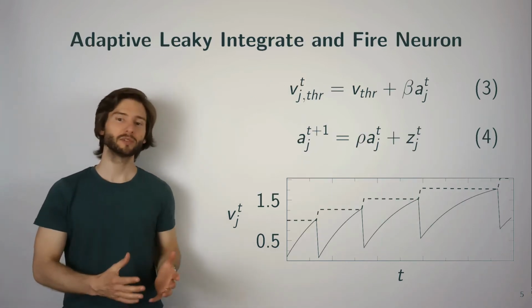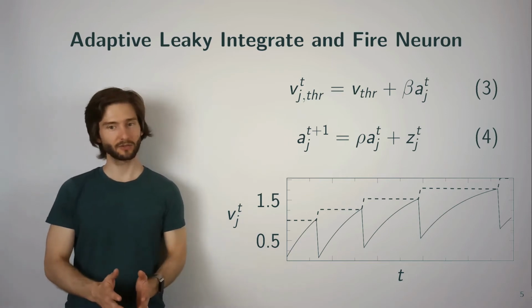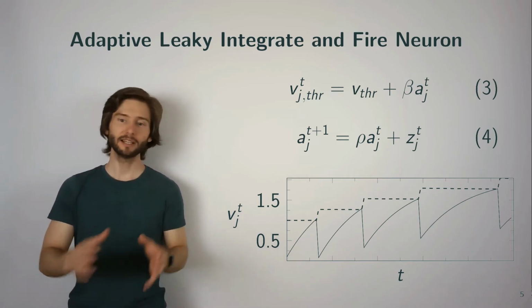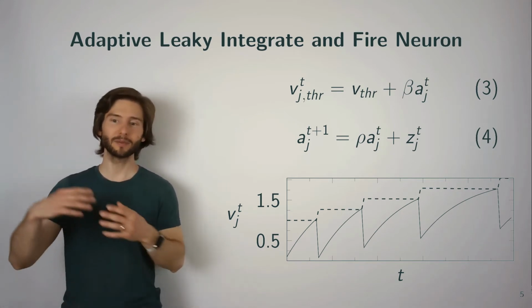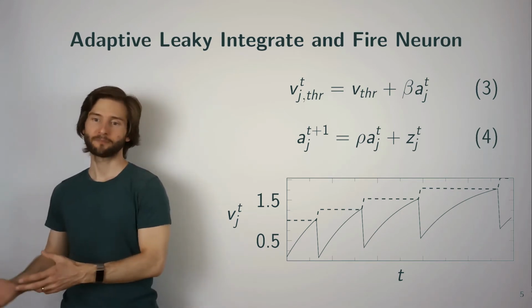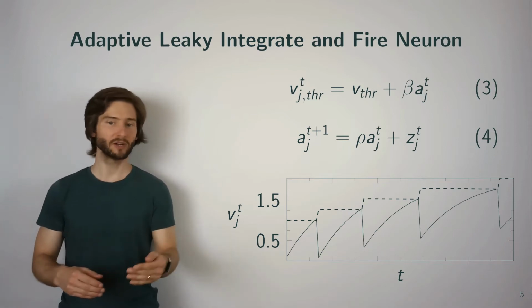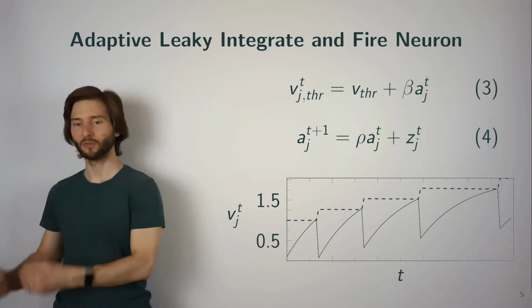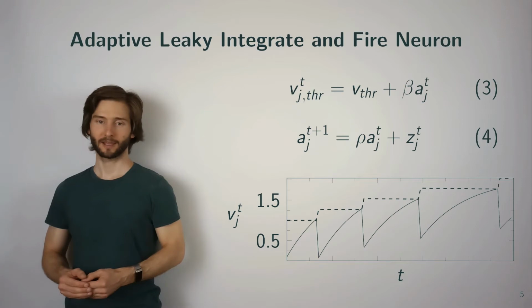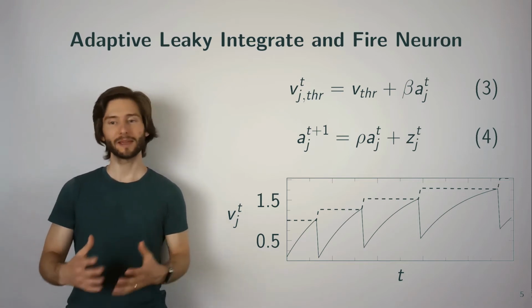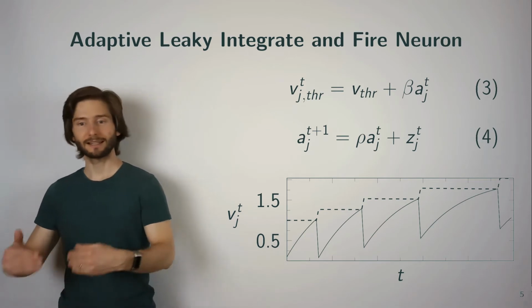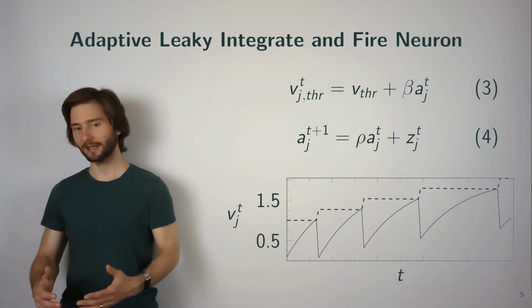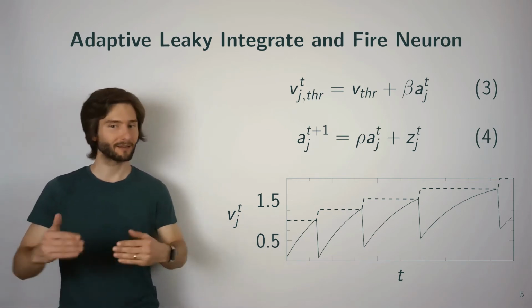And I now want to briefly introduce the second kind of spiking neurons, the adaptive leaky integrate-and-fire neurons. And these neurons add a little bit of additional complexity in order to simulate the spike frequency adapting behavior of real biological neurons. Observations in the mammalian brain found that some types of neurons get less and less sensitive to incoming spikes if they themselves fire more rapidly.